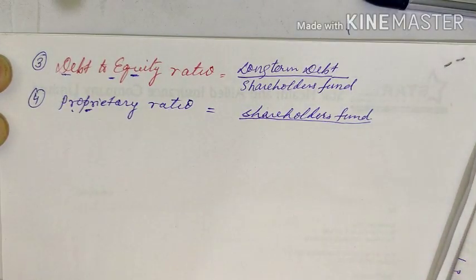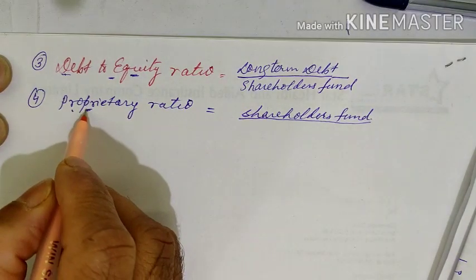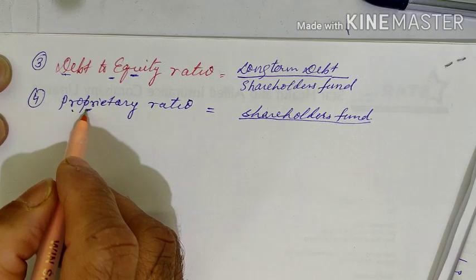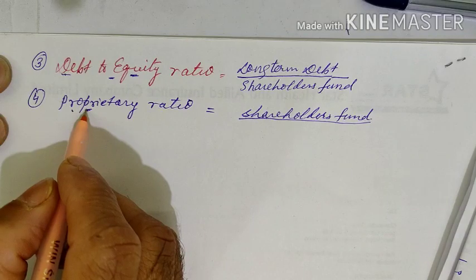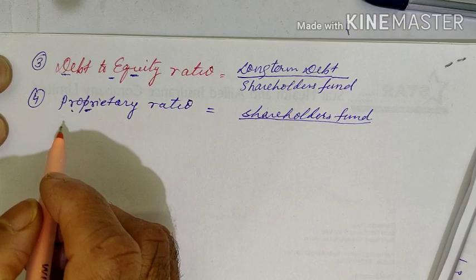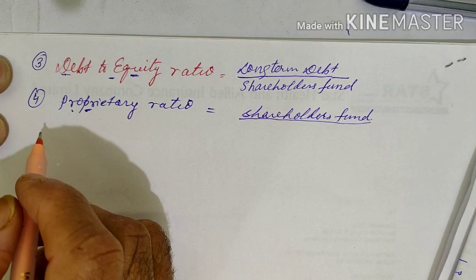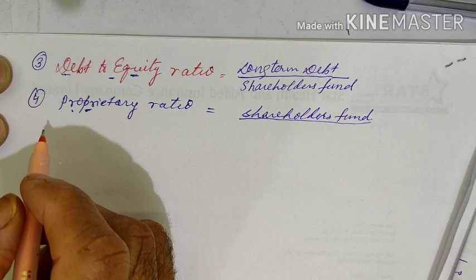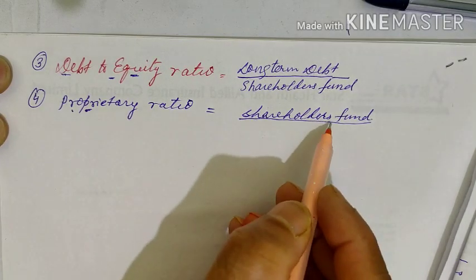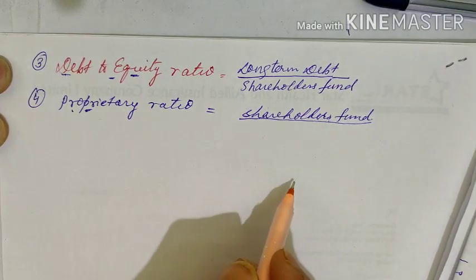Shareholders fund divided by what now? Proprietor. Proprietor owns the business. Everything belonging to the business goes to whom? The proprietor. Everything here means total liabilities as well as total assets. But here we are finding out the relationship between the liability and the asset.